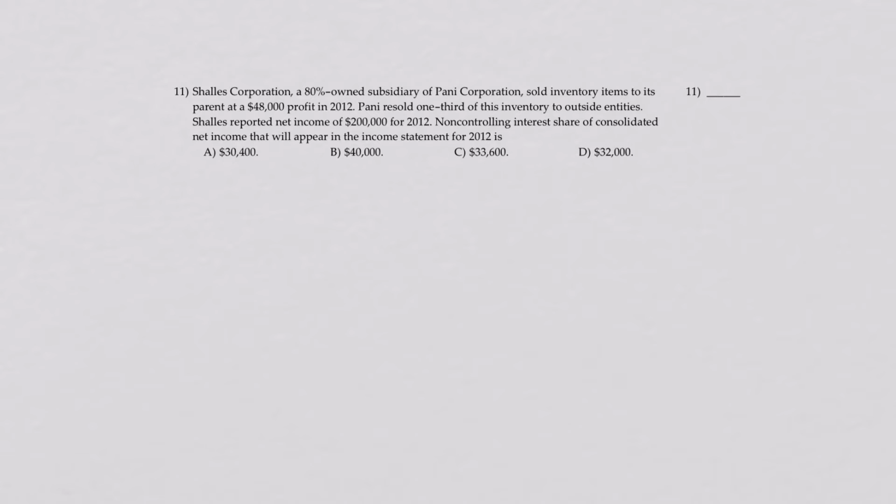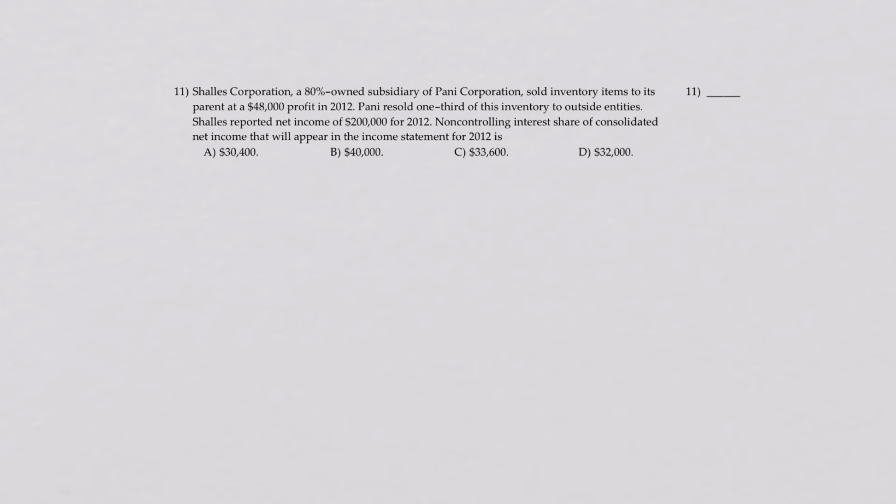So they want to know the non-controlling interest share of consolidated net income that will appear in the income statement for 2012. This is just a one-year question, but it is an important one because, as I think I said in class, it demonstrates how the non-controlling interest share of income is calculated in these sales.